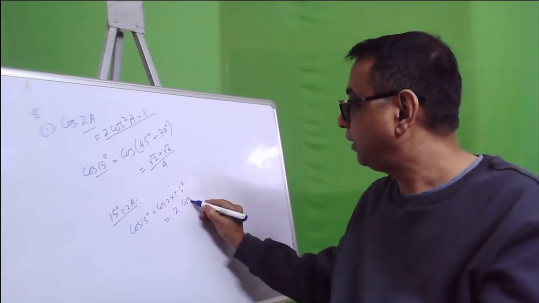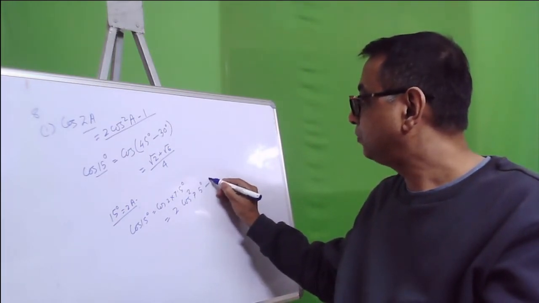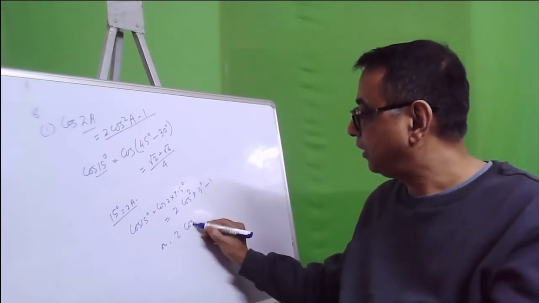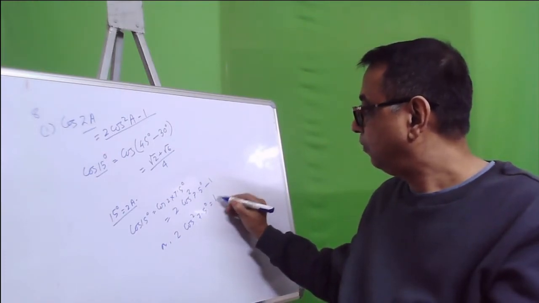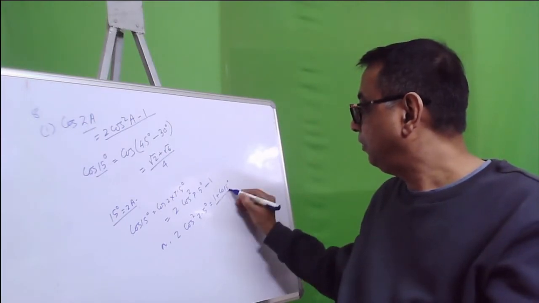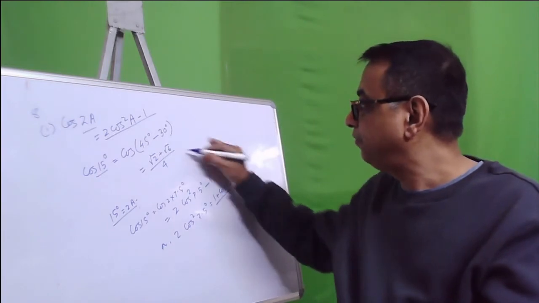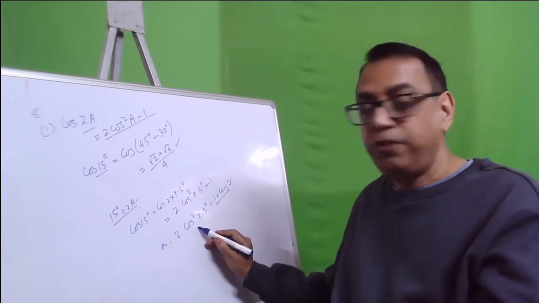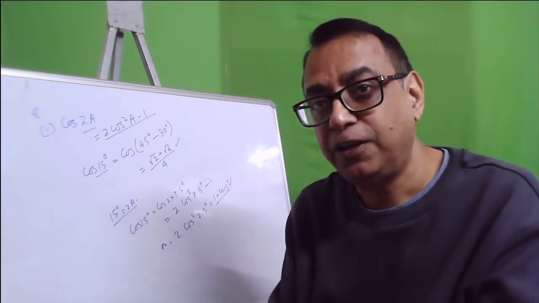That is, 2 cos square 7.5 degree minus 1, or 2 cos square 7.5 degree is equal to 1 plus cos 15 degree. Now we can find out the value of 1 plus cos 15 degree, because cos 15 degree we have found out. So from here you can find out the value of even 7.5 degree.